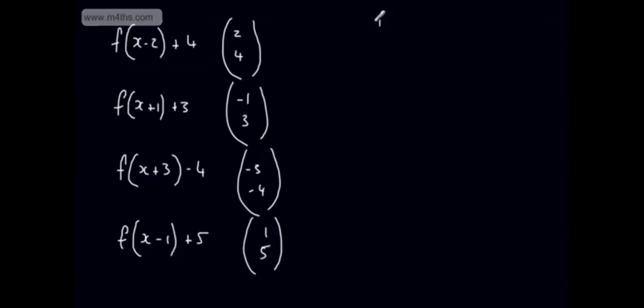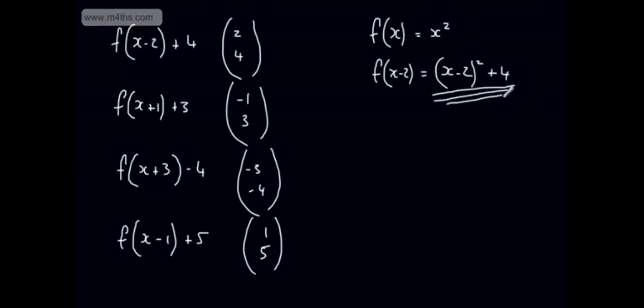So let's go ahead and take the f of x to be equal to x squared again. If I apply this one, what I have now is the following. I would have now the f of x minus 2 will be equal to x minus 2 all squared. So instead of evaluating x, I'm evaluating x minus 2 plus now 4. You might recognise this as the completed square form, and we've looked at completed square form.